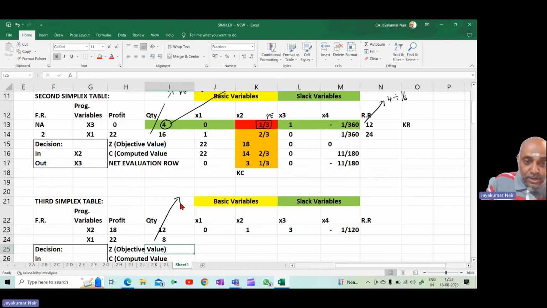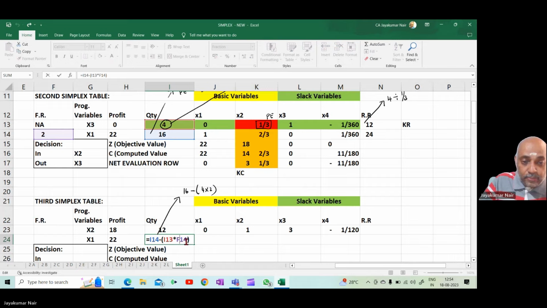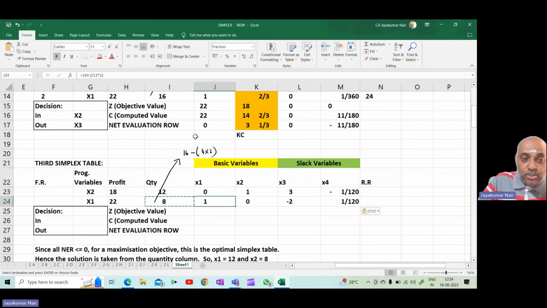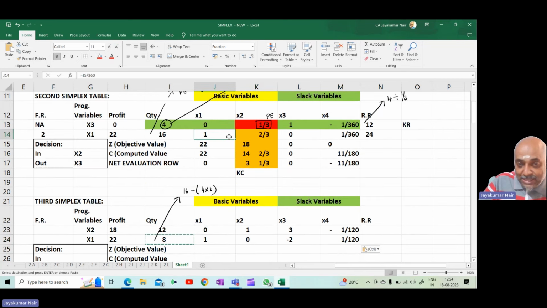It is 16 minus 4 into 2. And this you have to do for all the other variables. Second one, it will be 1 minus 0 into 2 and so on.